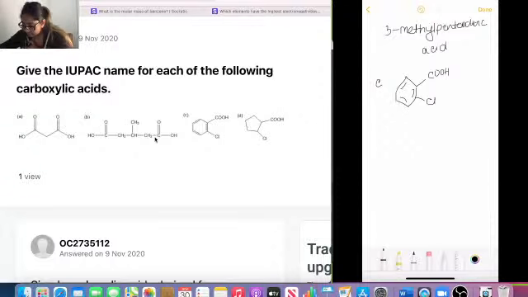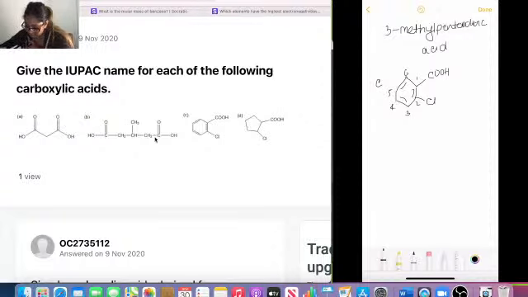This would be your first carbon, and this is our 2nd, 3rd, 4th, 5th, 6th.